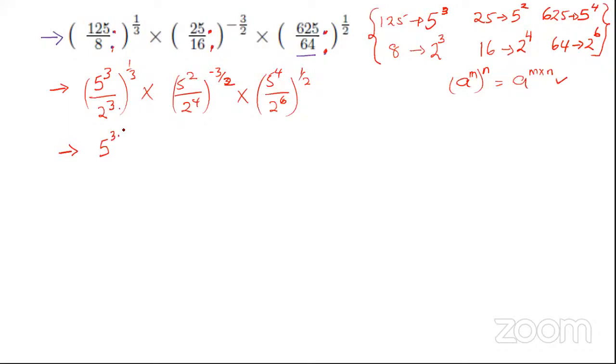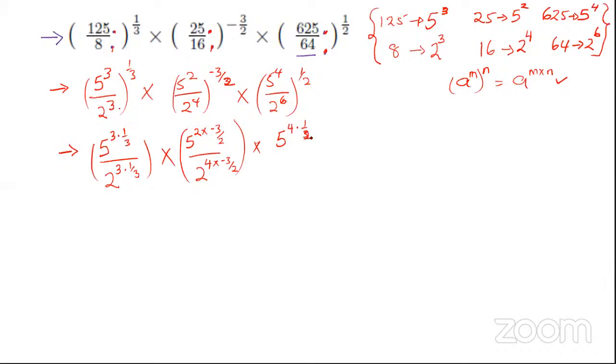So we say 3 times 1 out of 3, out of 2 to the power 3 times 1 out of 3, in brackets, times 5 to the power 2 times negative 3 out of 2, out of 2 to the power 4 times negative 3 out of 2, all in brackets, times 5 to the power 4 times 1 out of 2, out of 2 to the power 6 times 1 out of 2, and we put that in brackets.